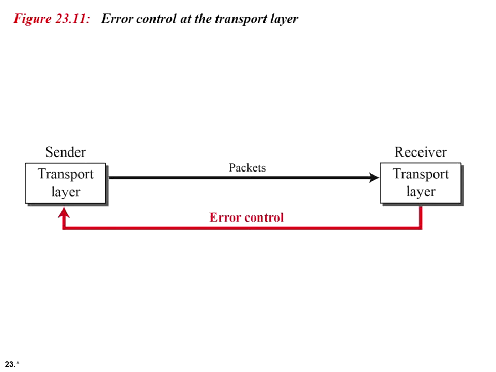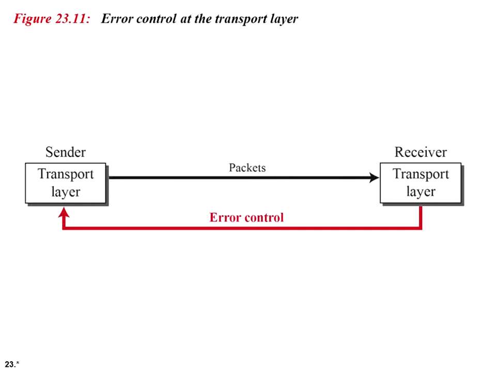So error control is not like flow control, which involves only the sending and the receiving transport layers. Now here we are making an assumption that the message exchange between the application and the transport layer is error-free.